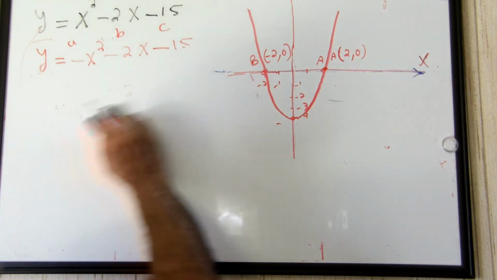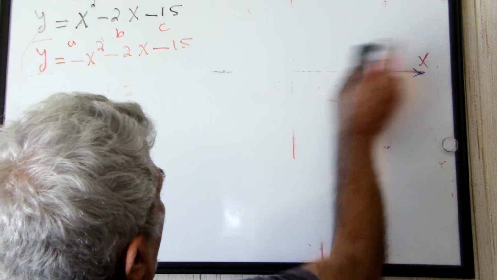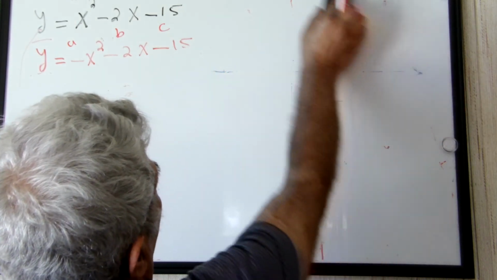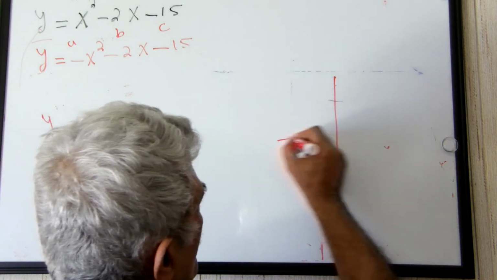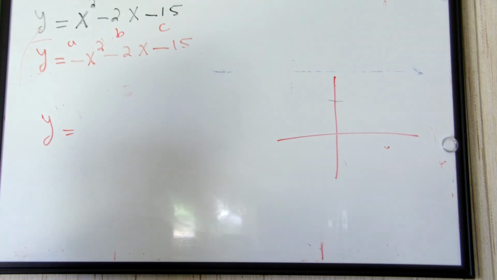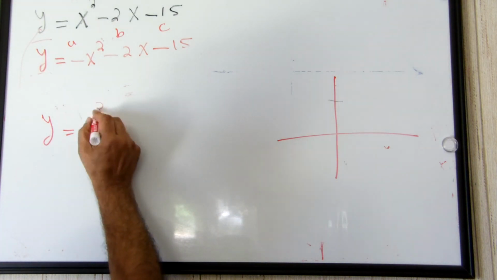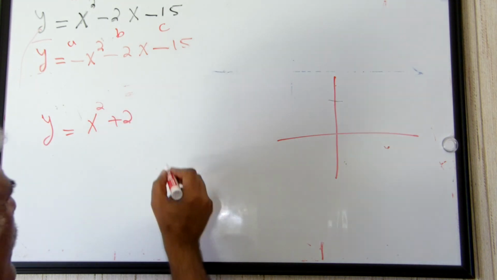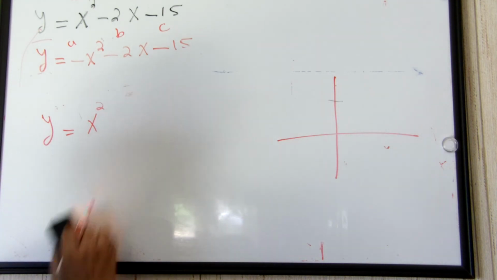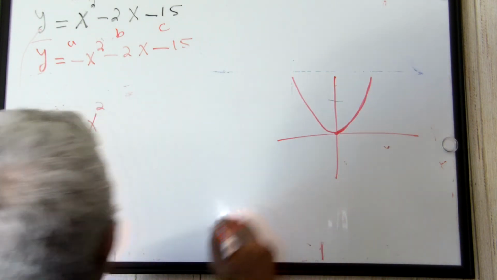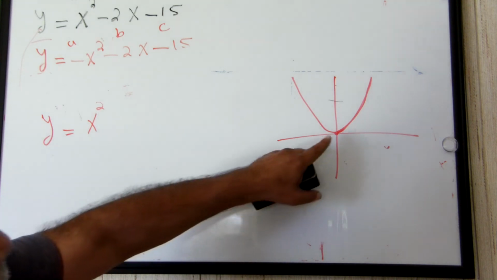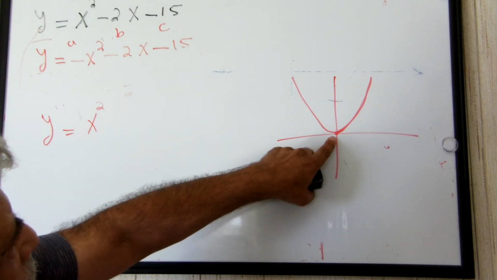So in general, you have to learn this. For example, it's your turn to see: if we say x2 plus 2, what does that mean? See, x2 is just like this. If we give a value to x, x is 0, y is going to be 0.